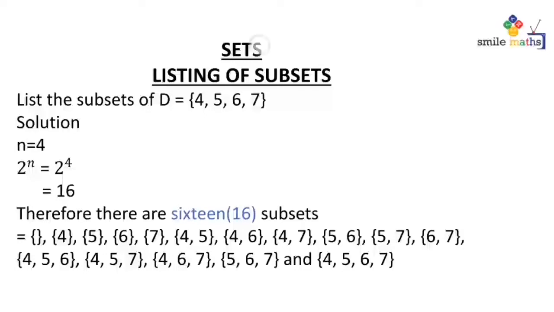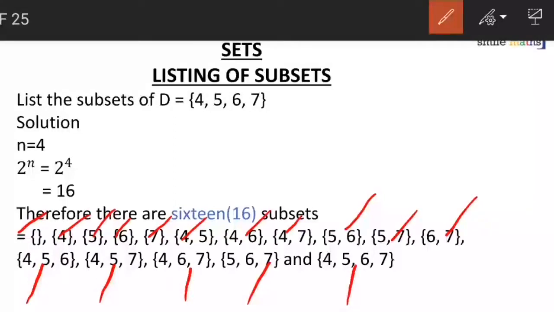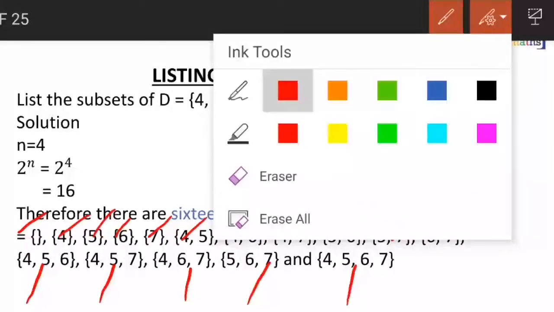So let's count and see if we have 16 subsets. We have 1, 2, 3, 4, 5, 6, 7, 8, 9, 10, 11, 12, 13, 14, 15 and 16. So we have 16 subsets in all.